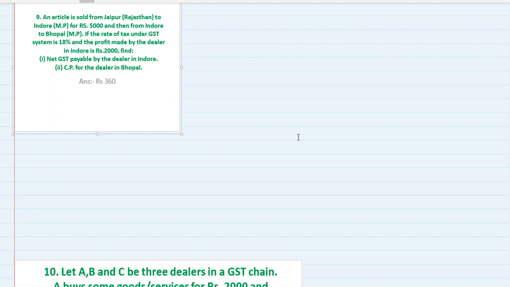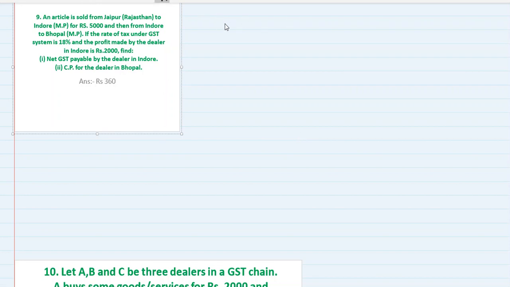If the rate of tax under the GST system is 18% and the profit made by the dealer in Indore, who is in the middle, is 2,000, find the net GST payable by the dealer in Indore.